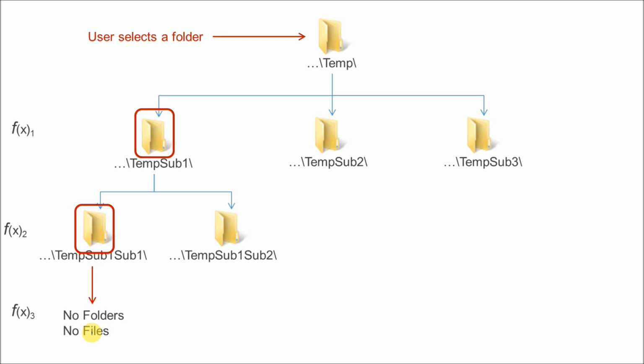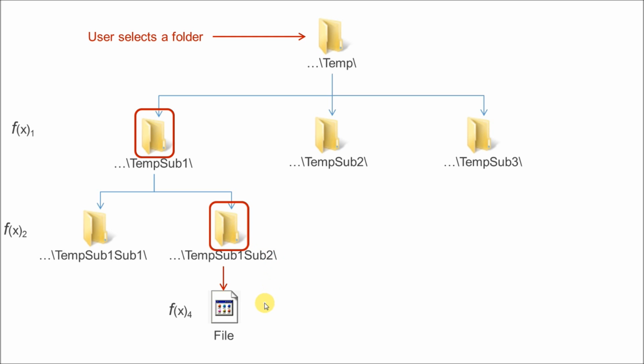In this case, there are not going to be any folders or files in that subfolder. So this function call 3 can resolve itself. It's complete, no folders, no files to process. It returns control to the function that called it, which is function call 2. Function call 2, when we left it, was in a loop in this subfolder collection, on the first subfolder. So now it's going to move to the second subfolder in the collection, and it's going to call itself again on that subfolder.